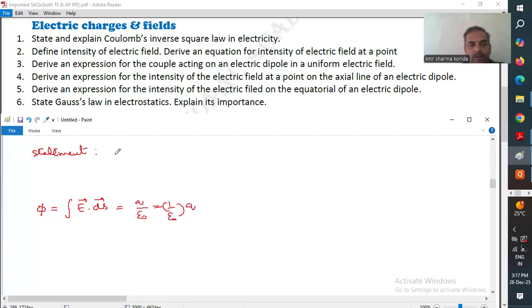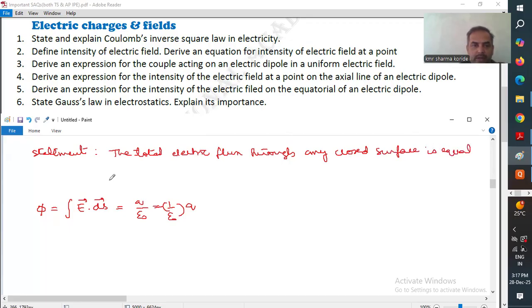Now the statement is: the total electric flux through any closed surface is equal to 1 by epsilon naught times the net charge enclosed by the surface.